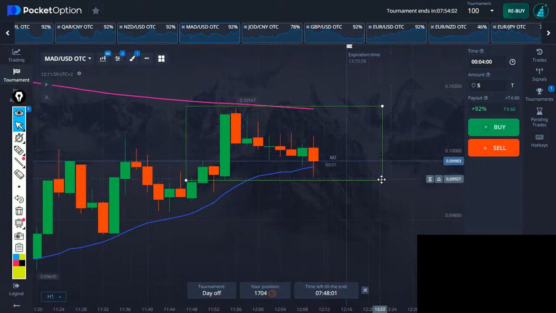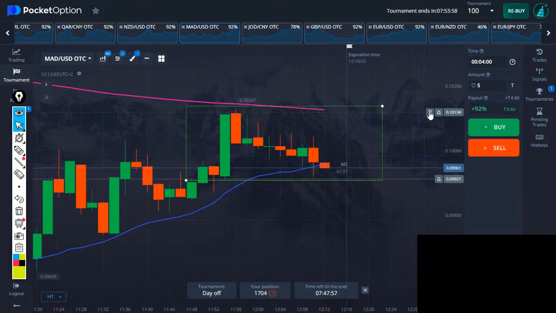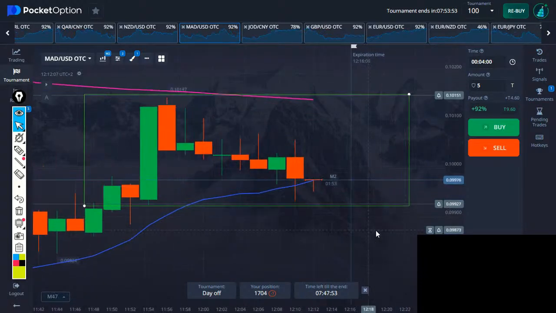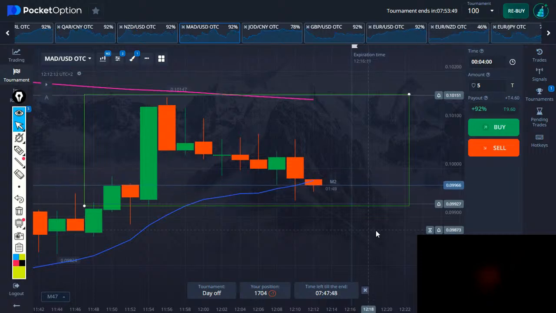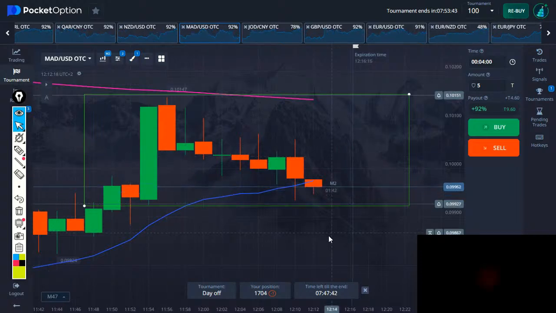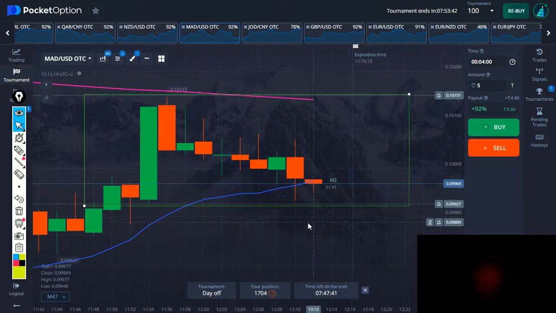I'll set an alarm over here and here. However, let me see what this one is gonna do. I need a close below the green.